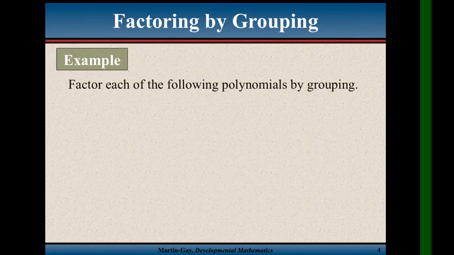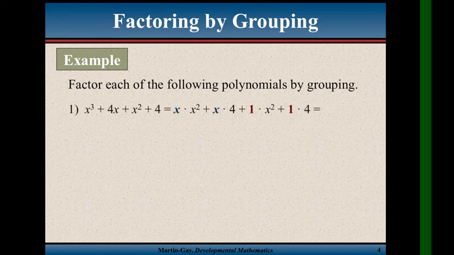Example. Factor each of the following polynomials by grouping. For this particular example, I think we need to arrange them. For x cubed, we have x times x squared. For x, we have x times 4. For x squared, we have 1 times x squared.